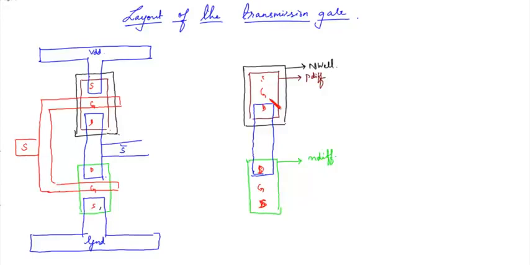This gate is connected to S bar. This is connected to S bar. So you need to place a contact over here in order to connect these two, and this is a poly contact.